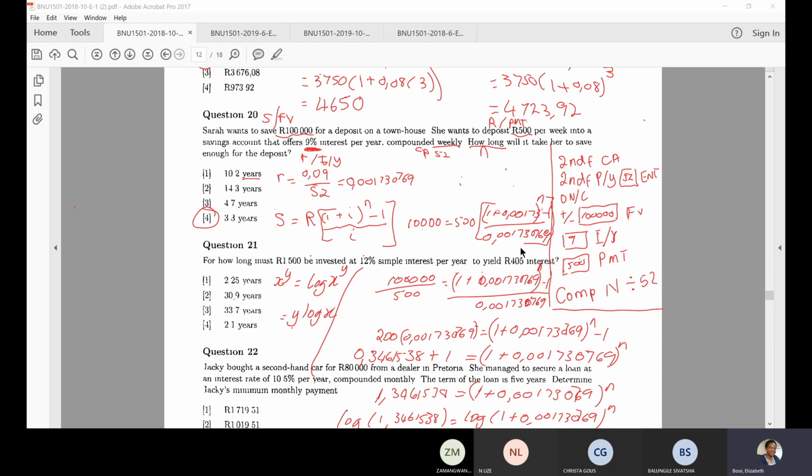It might be worthwhile to buy a financial calculator, because if you're planning to do QMI next year as well, you will still be doing the same questions, and you will need that financial calculator.